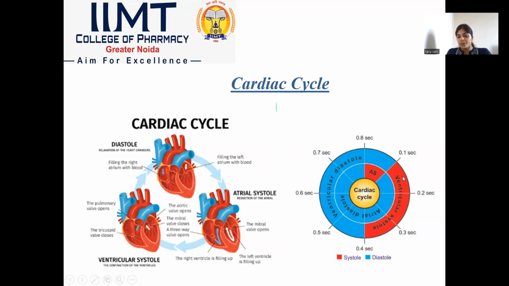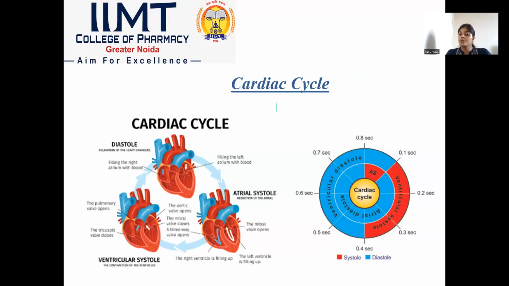So here, atrial systole is of 0.1 second, and ventricular systole is of 0.3 second. It means ventricular systole takes 0.3 seconds and atrial systole takes 0.1 second.